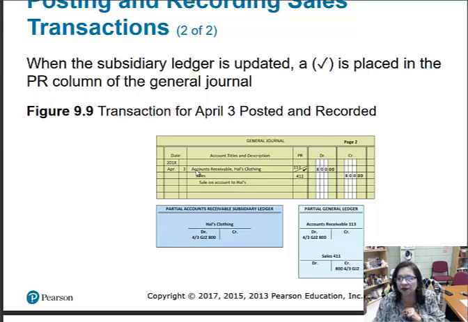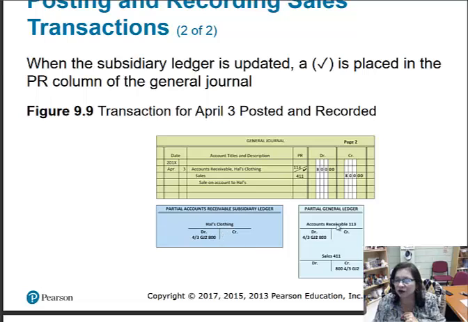So here we have accounts receivable, $800. This is the account number 113, okay? This is the check mark because not only did I debit it here for accounts receivable, but I also debited it here for Hal's Clothing, for $800.